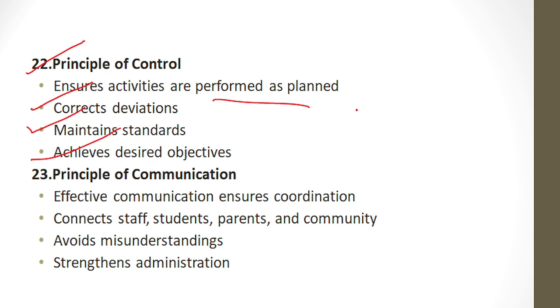We have to take the feedback, the progress, the remarks, and then only we can achieve the desired objective. So control is very important. We have to correct the deviation, or we have to maintain the standards and the quality according to the norm. For that, control and a check is very important.